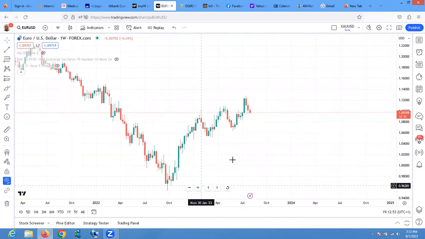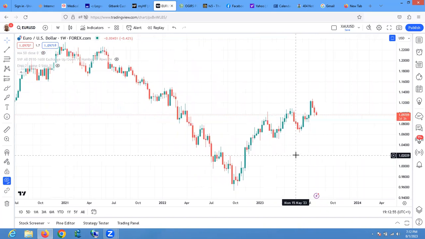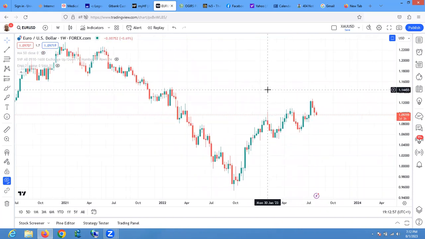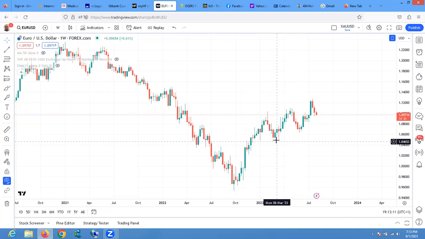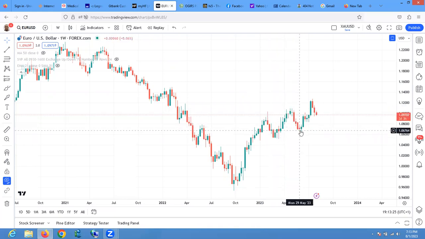There are things I want us to see, because in a corrective pattern, even if it's going to be like a wedge or a triangle or whatever, the first move can be impulsive, like a 5 wave. And the correction, of course, will be a correction. You know, in a triangle, it can be anything. The first move can be like a five-wave structure, the corrective pattern, another five-wave structure.